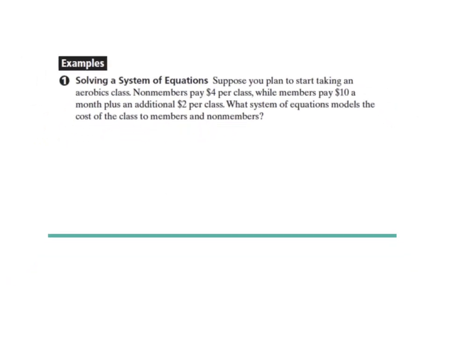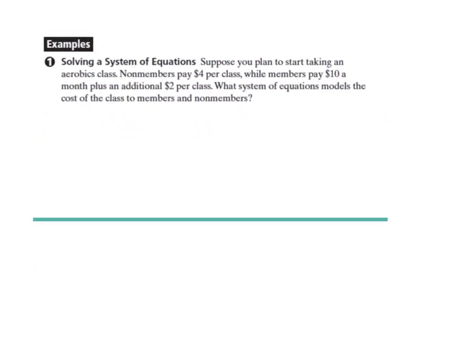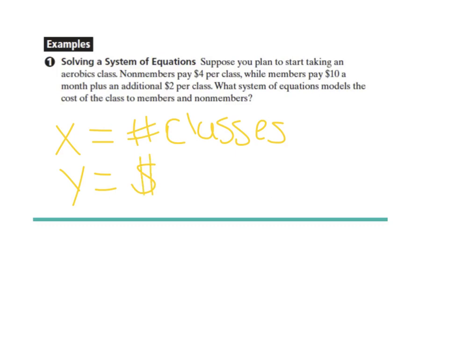So anytime we are writing a system, you want to define your unknowns first. So we're going to let X equal the classes, the number of classes we take, okay? And then we are going to let Y equal the total money for that month, okay?